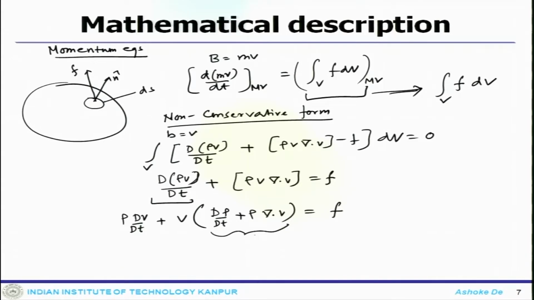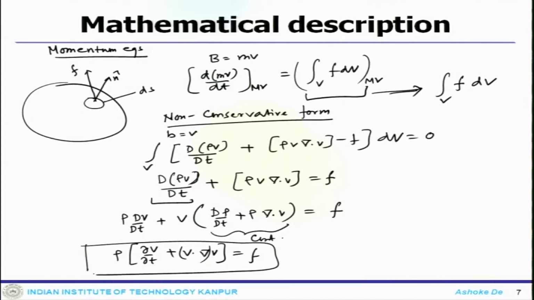This is essentially my continuity equation. So, finally applying the continuity and expressing the material derivative, you can get ρ(∂V/∂t plus V·∇V) equals f. So, this form of the equation is called the non-conservative form.